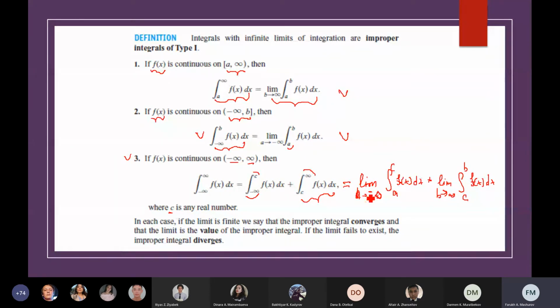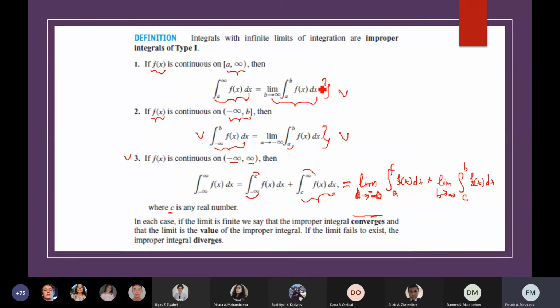Okay, guys, and this is the method of finding integrals when we have infinities in our intervals. In each case we have a limit, and we say that the improper integral converges if this limit exists.